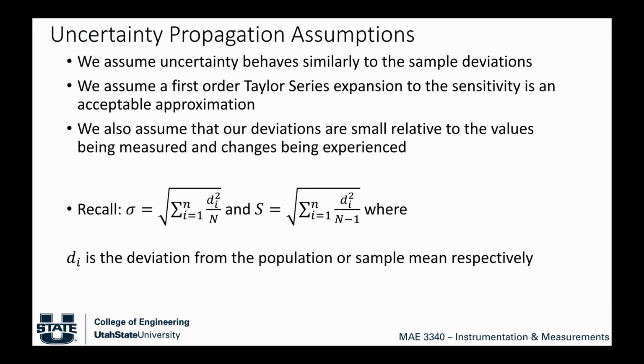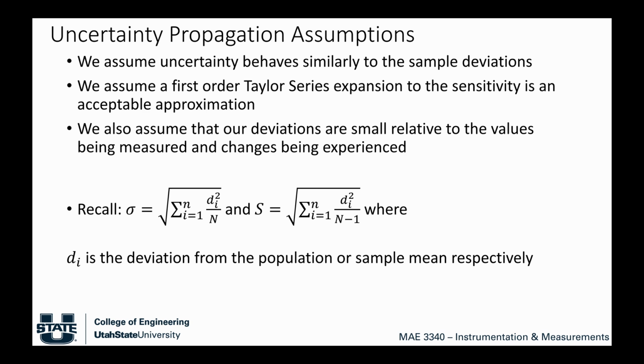Okay, so here are some uncertainty propagation assumptions that we're making. We assume that the uncertainty behaves similar to the sample deviations. We also assume that our first order Taylor series expansion for the sensitivity is an acceptable approximation. So we've got the Taylor series expansion, and we say that each variable has a sensitivity. Typically, this is a pretty good assumption, but we need to make sure that it is a good assumption.